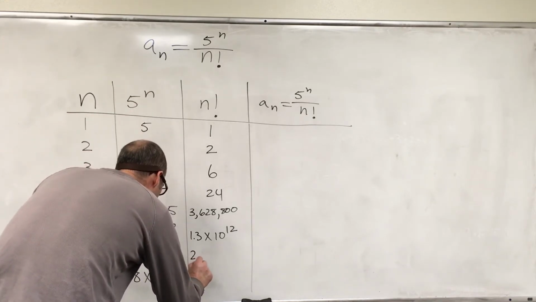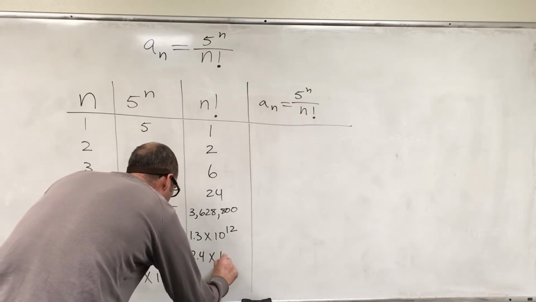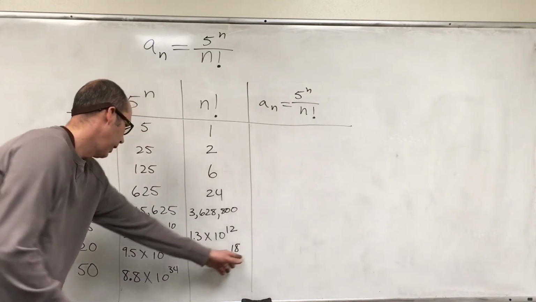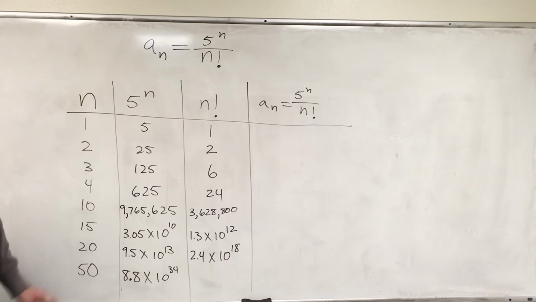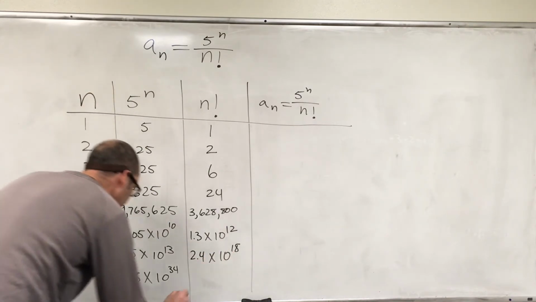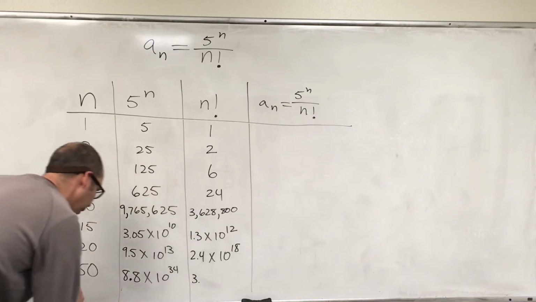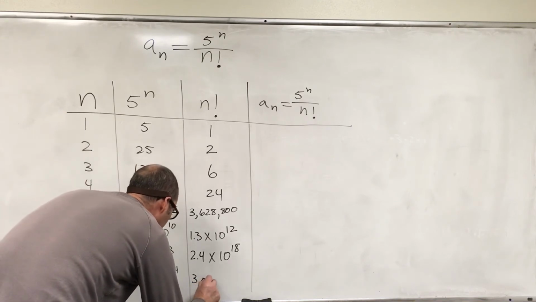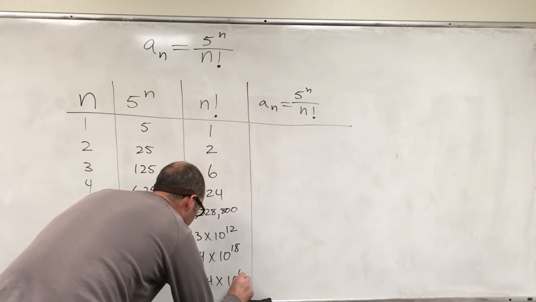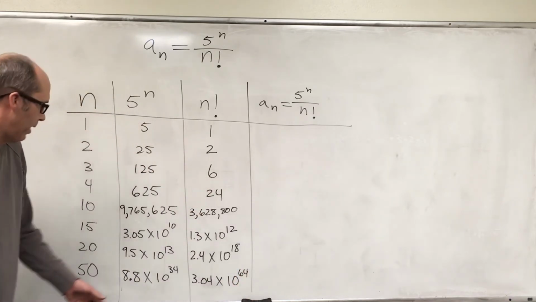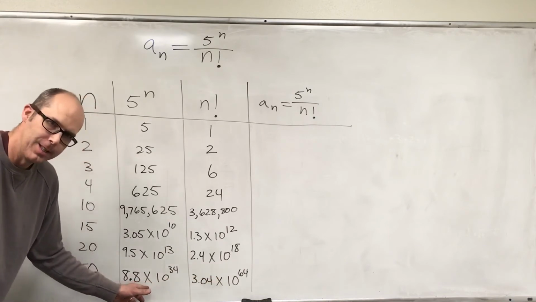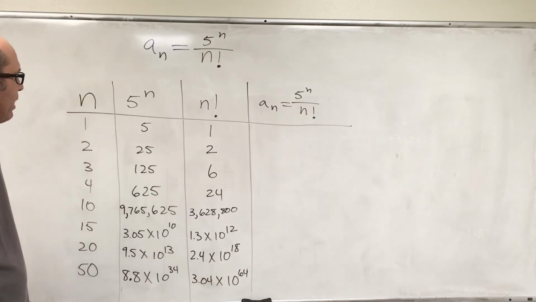Here we got 2.4 times 10 to the 18. 18 is much bigger than 13, so a much higher order of magnitude there. And now at 50, 3.04 times 10 to the 64. All right, now we're just huge. So much bigger than that thing. I mean, it's crazy.